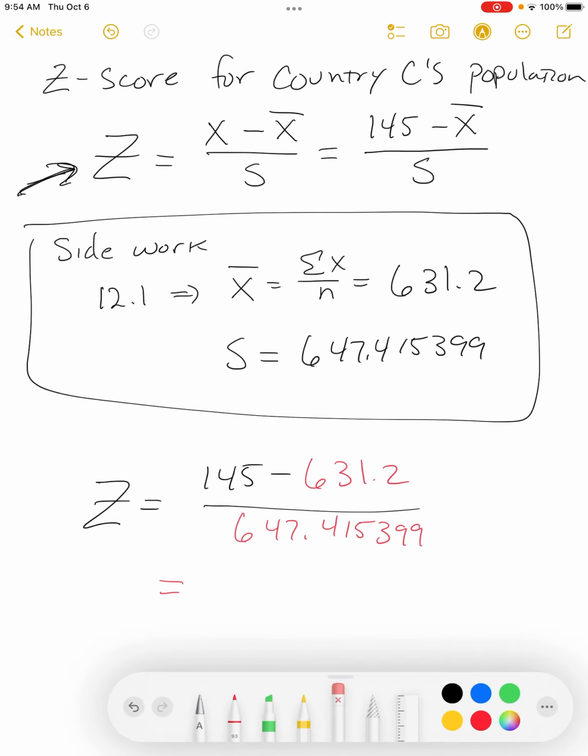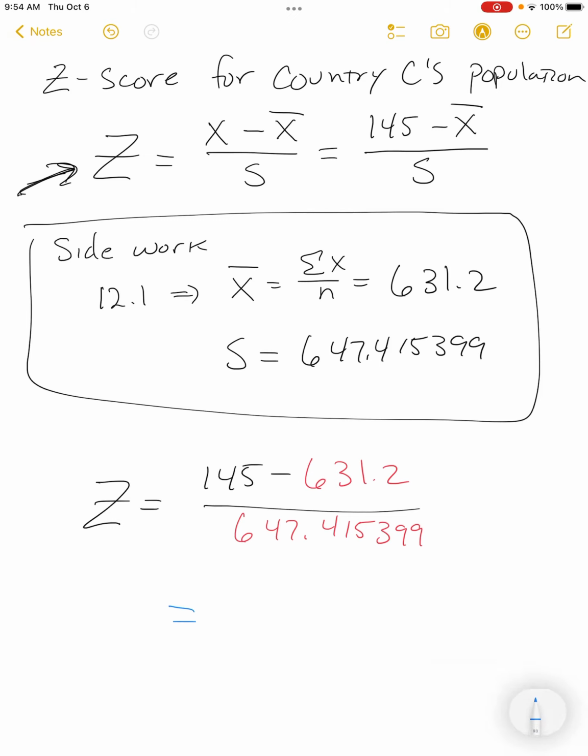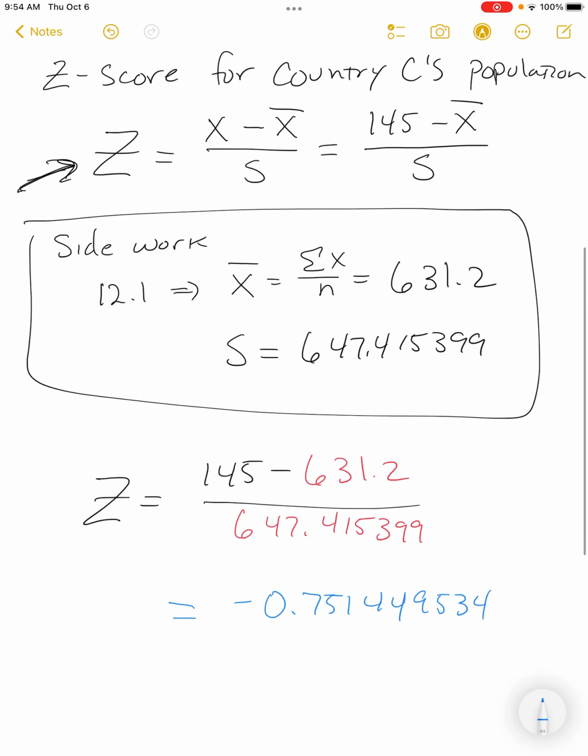You get the answer, let me put it in blue. You get the answer negative 0.751449534. You're just running the z-score like you were in the previous sections.